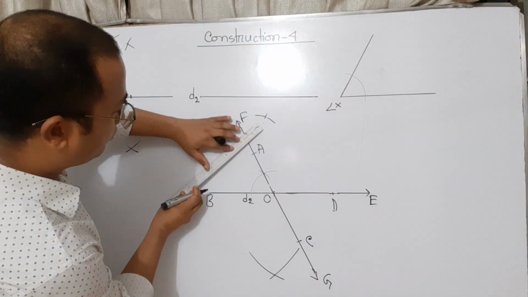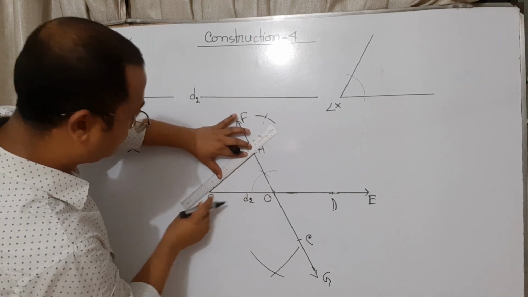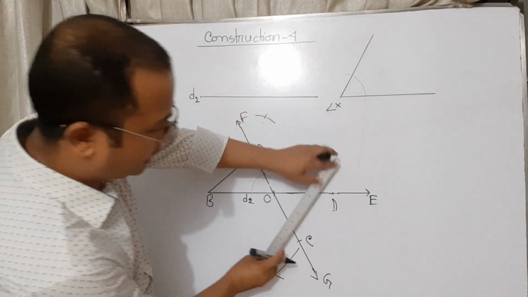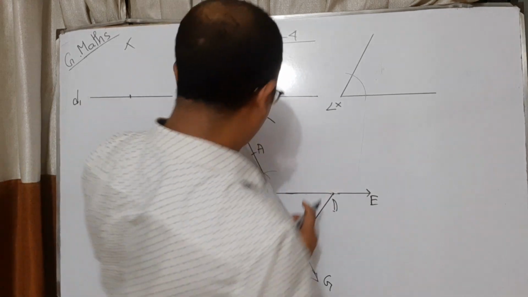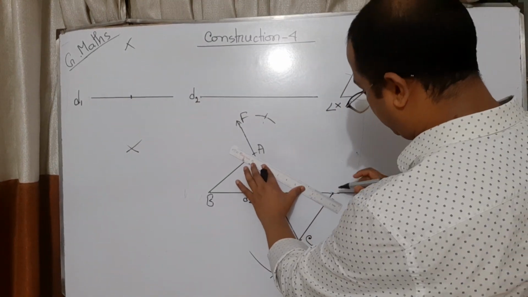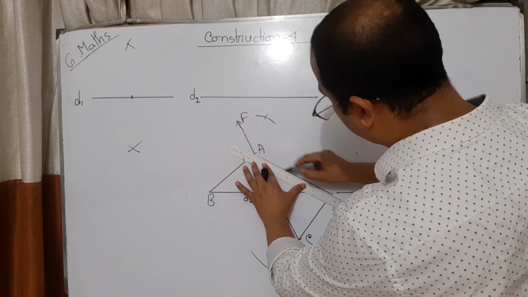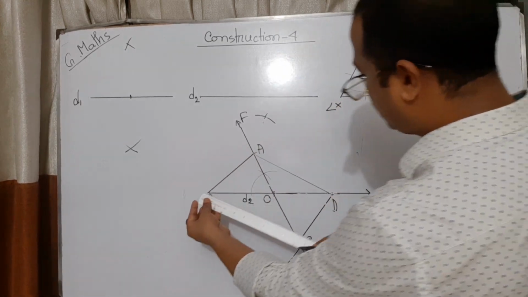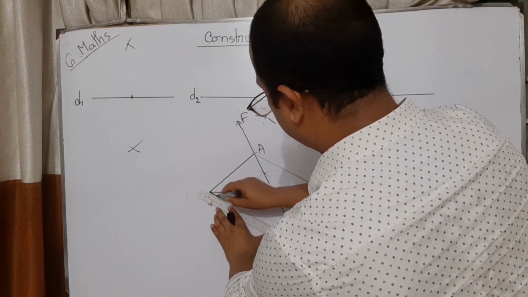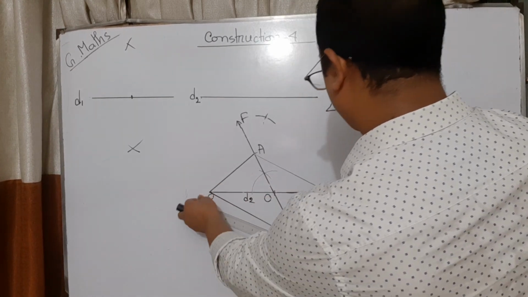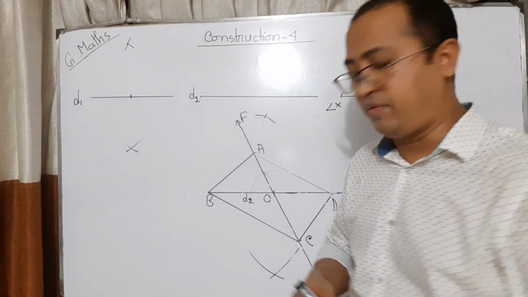Now join AB, CD, again AD. Look, ABCD is the parallelogram.